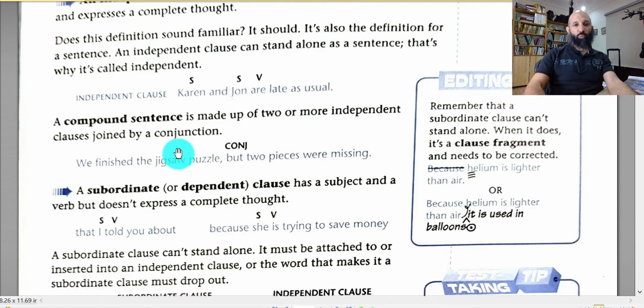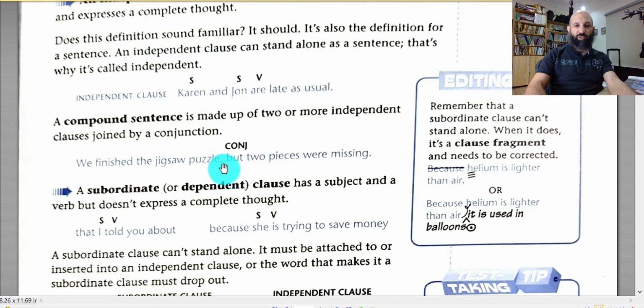The second example: we finished the jigsaw puzzle, but 2 pieces were missing. So this is a compound sentence, and it has 2 independent clauses. Why do we call them independent clauses?